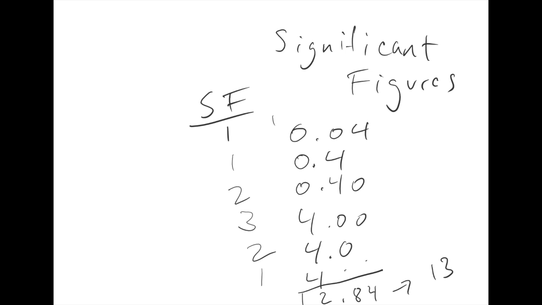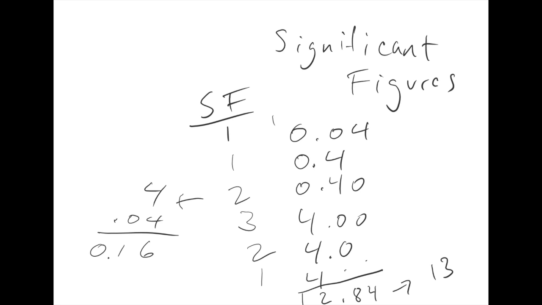All right, if you do multiplication, 4 times 0.04, that would be correct with the correct significant figures. No, I'm sorry, it wouldn't. You take the number with the least amount of significant figures.